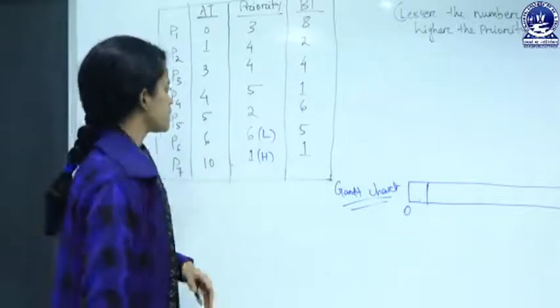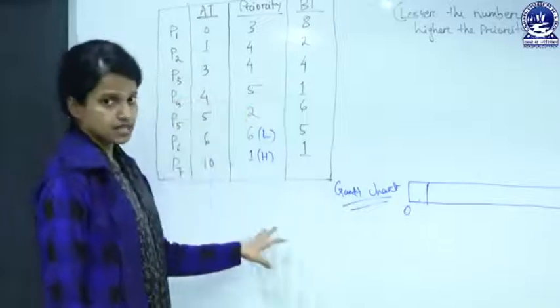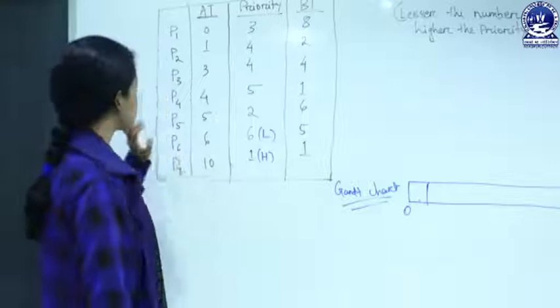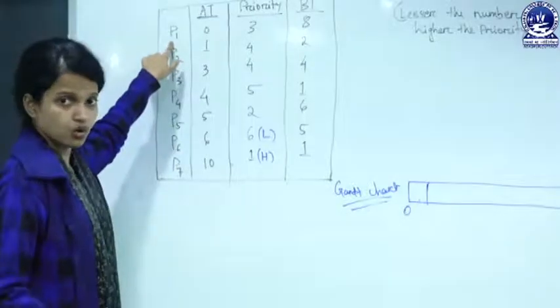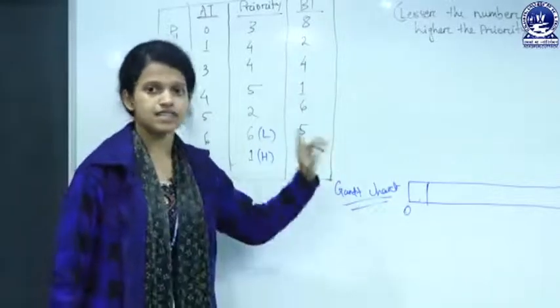Fine. So at 0 millisecond, look at this table. Is there any process which has arrived in the ready state? Yes, we have P1 only. No other process has arrived in the ready state yet.